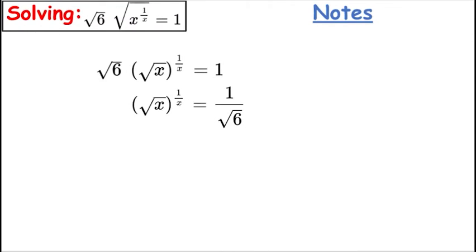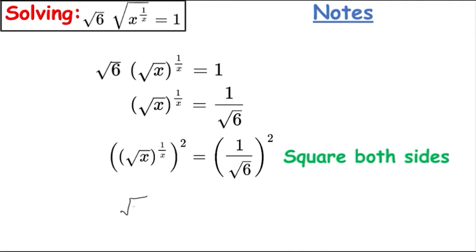As we have a square root in the mix, we're going to apply a square here and here. So let's apply a square. We're going to go with the square root of x to the power of 1 over x, all to be squared, is equal to 1 over the square root of 6, all to be squared on the right hand side.